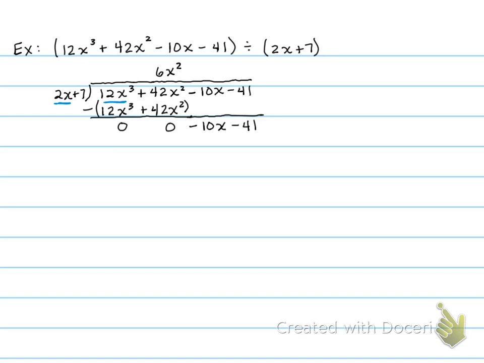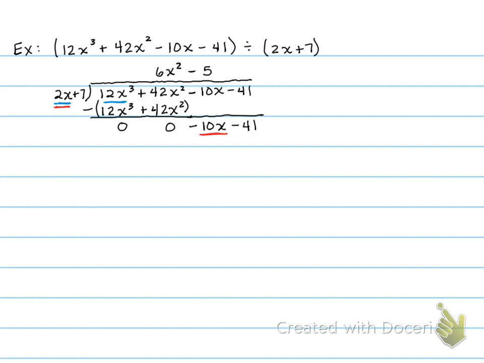But the process remains the same. We just move on to the next non-zero term, and we say, what do I need to multiply 2x by to get negative 10x? Now think about your signs. It's going to be a negative 5, right? So minus 5.